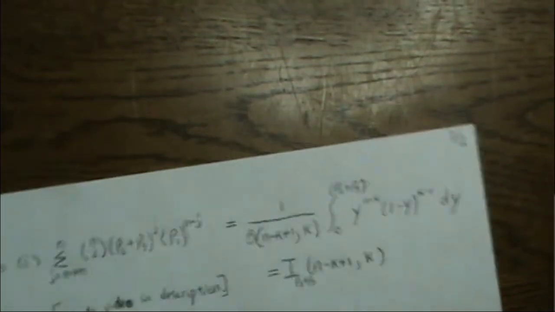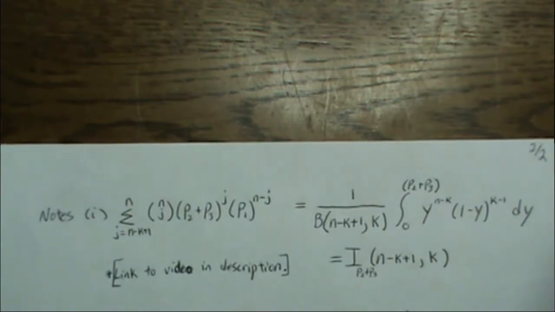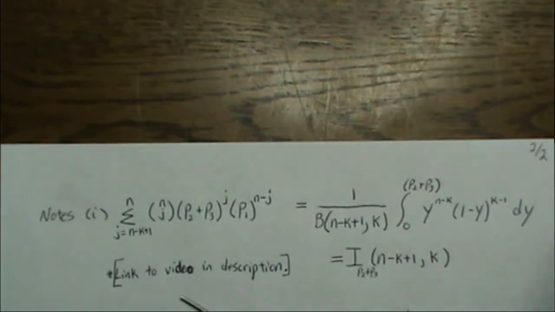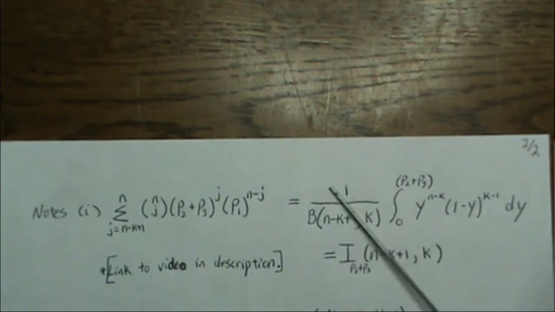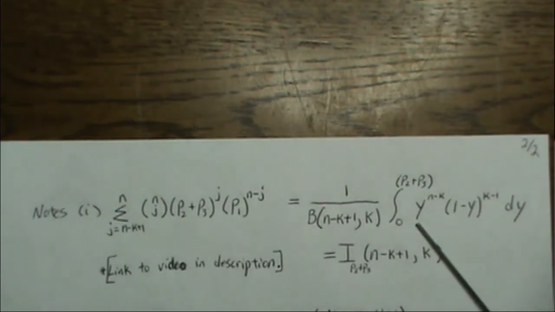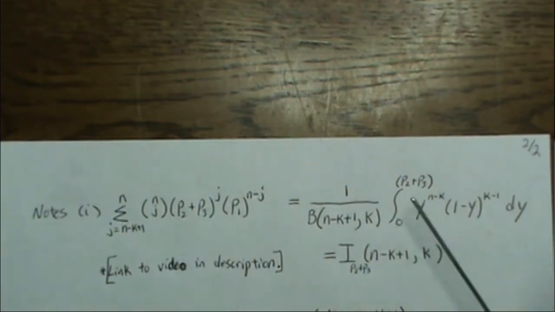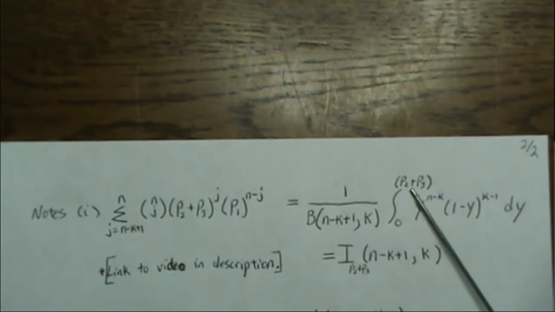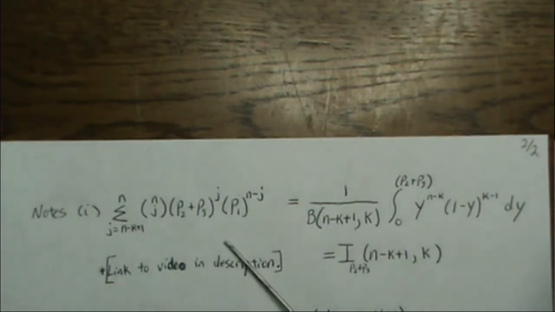So here, I'll put a link in the description. There's a video where I illustrate that the sum of binomials can be rewritten as an incomplete beta function. And so this is a CDF function in R, where we just plug in, we go from 0 to P2 plus P3.